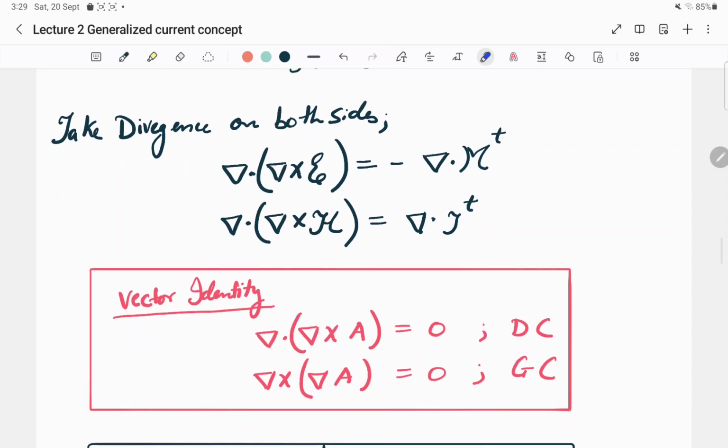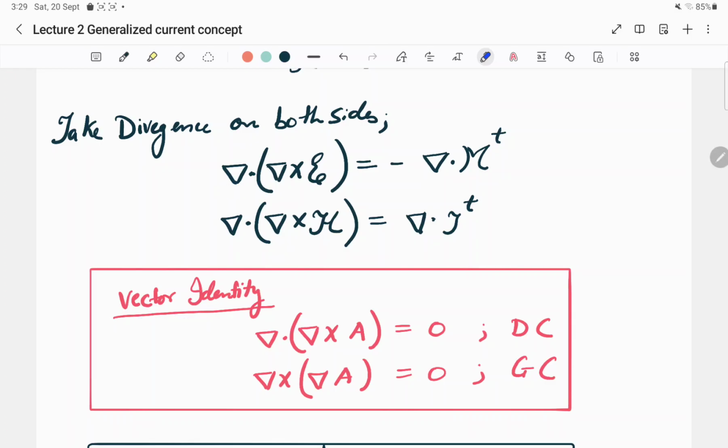Now from the vector identity, we know that divergence of a curl of any vector is 0. And we also know that the curl of a gradient of any scalar is also equal to 0. This is the vector identity which we know from vector concepts.